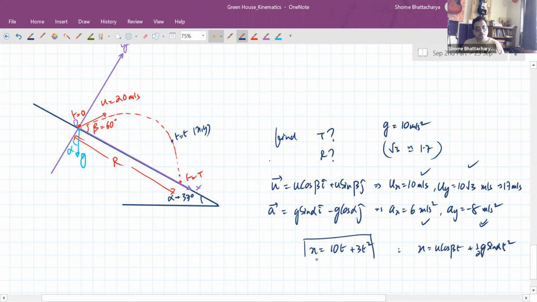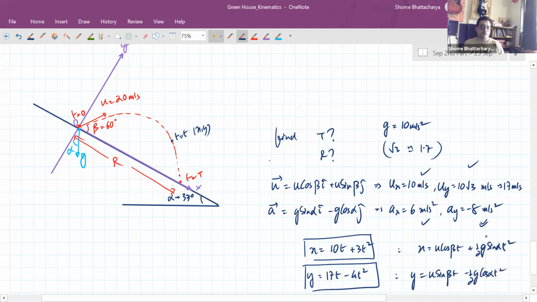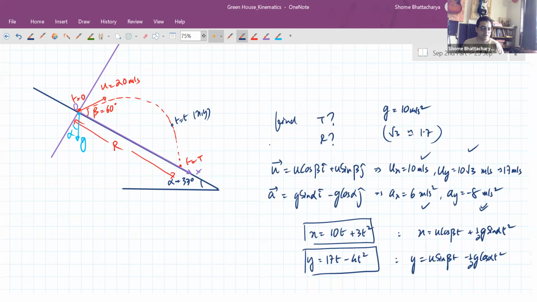And y as a function of time will become 17t minus 4t square. Or in general, y is u sin beta t minus half g cos alpha t square. Okay. Yes, very good. Correct answers you people are sending.